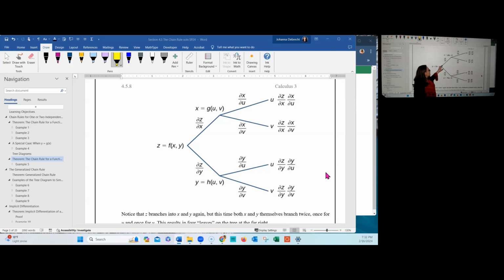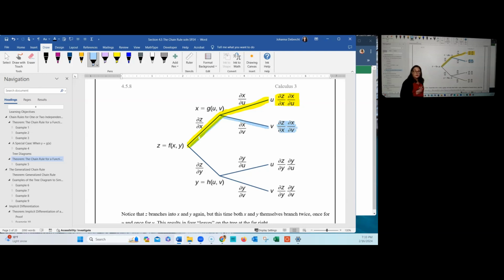Then we multiply what we get traveling along one pathway. So for example, when we come along this pathway, we end up with this notation that you see there when we multiply them together. If we follow along a different pathway, which comes here and then branches this way, we end up with this notation here.